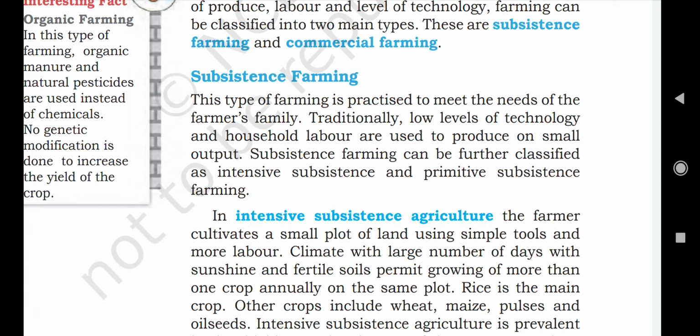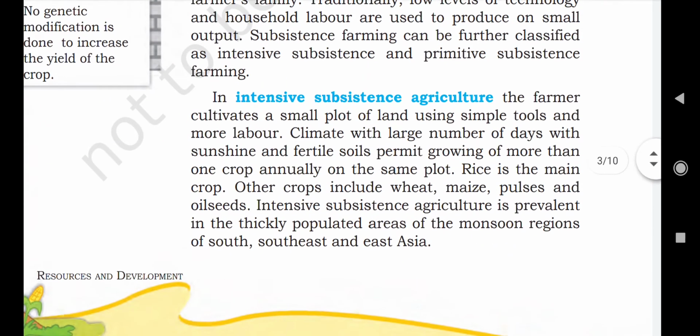Subsistence farming is divided into two parts: intensive subsistence and primitive subsistence. In intensive subsistence agriculture, the farmer cultivates a small plot of land using simple tools and more labor.